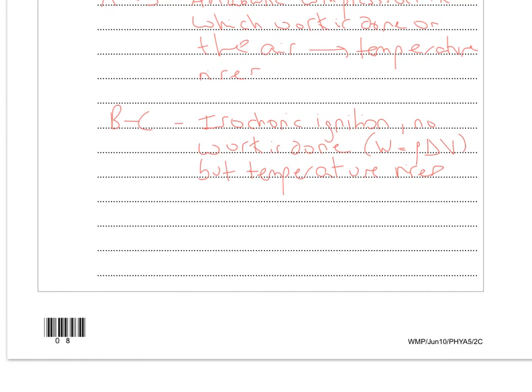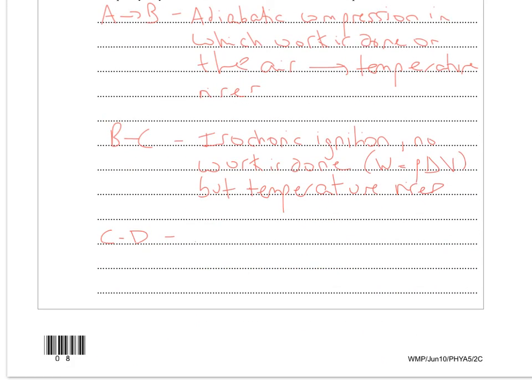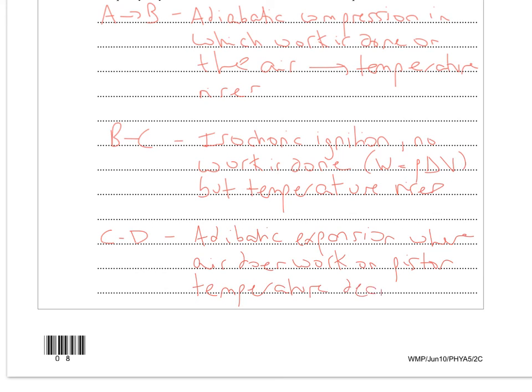Okay, then we're going to look at C to D. C to D is your adiabatic expansion, where the air does work on the piston, and so your temperature decreases during that section.